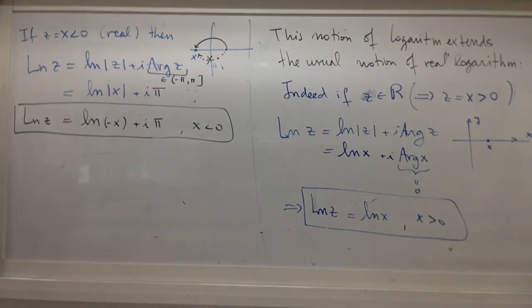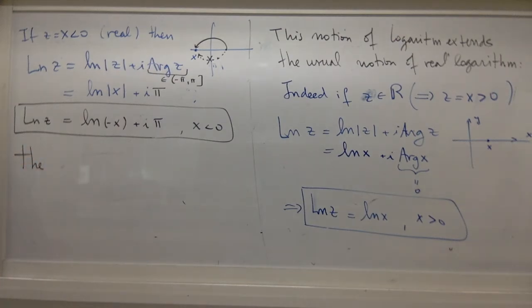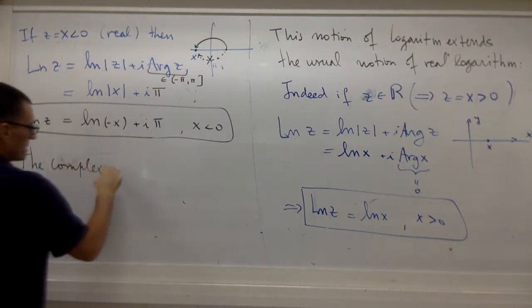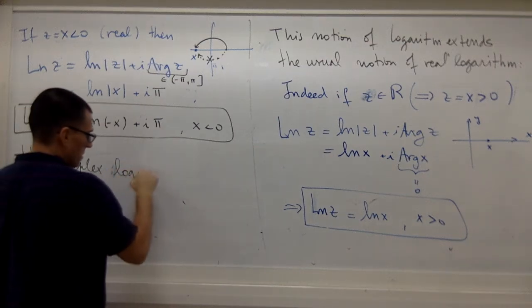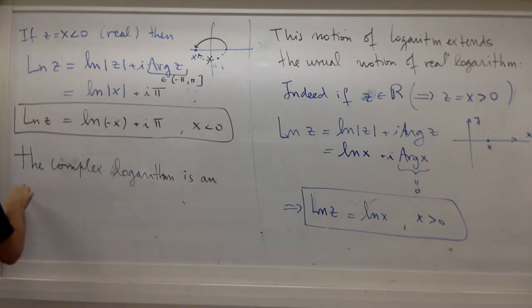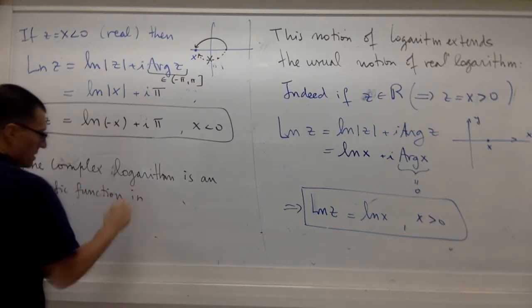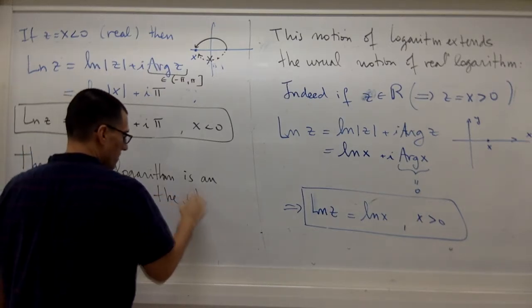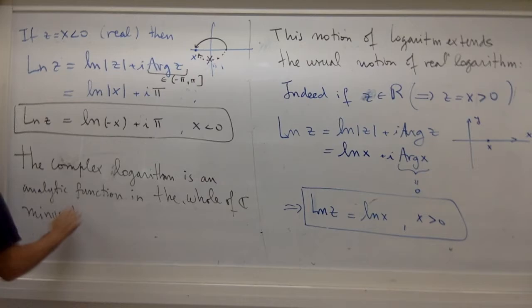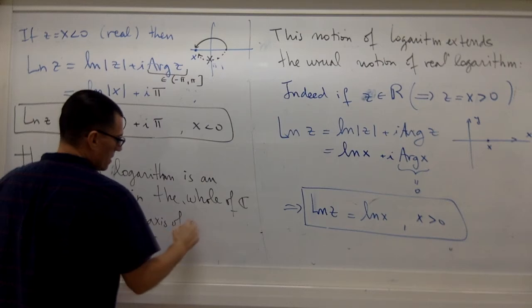Now, the principal value of the logarithm, the complex logarithm, is an analytic function in the whole of C minus the negative axis of coordinates.